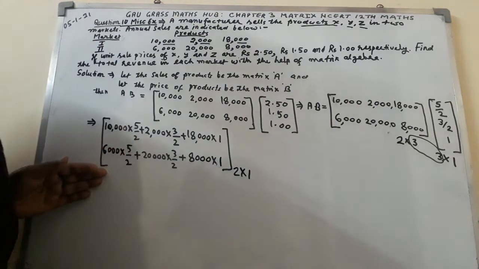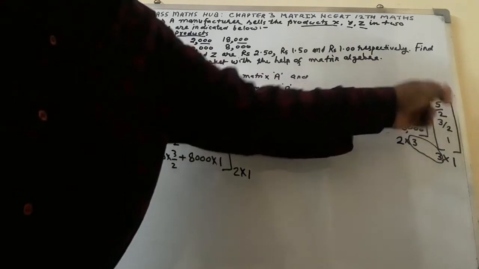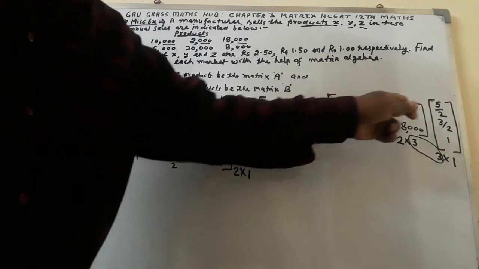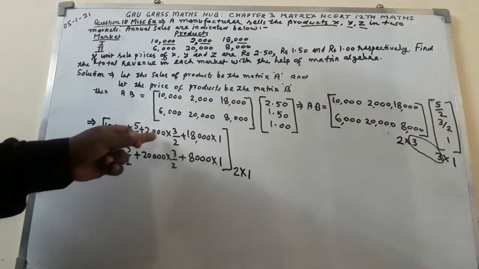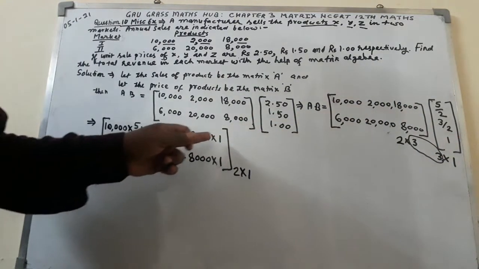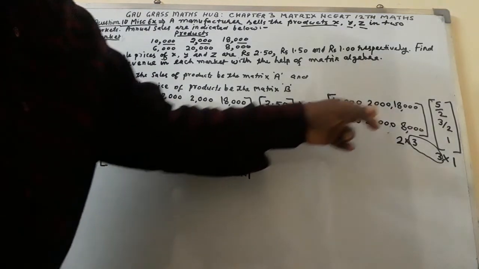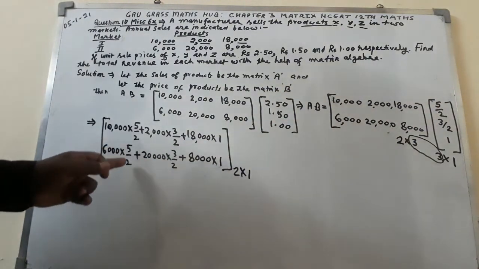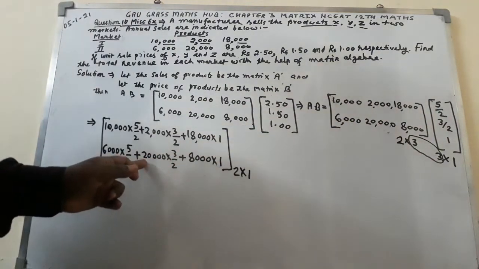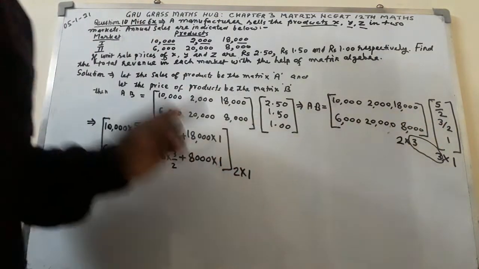The output matrix is formed: 10,000 times 5 over 2 plus 2,000 times 3 over 2 plus 18,000 times 1; again 6,000 times 5 over 2 plus 20,000 times 3 over 2 plus 8,000 times 1.